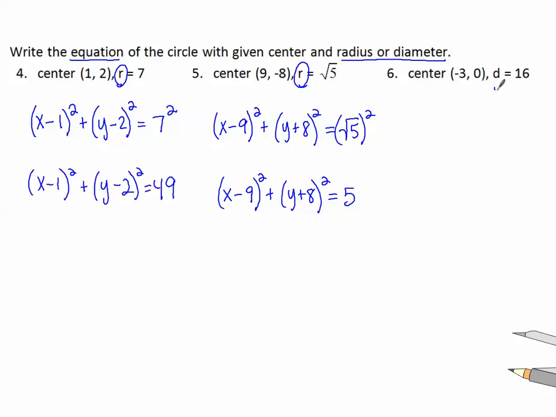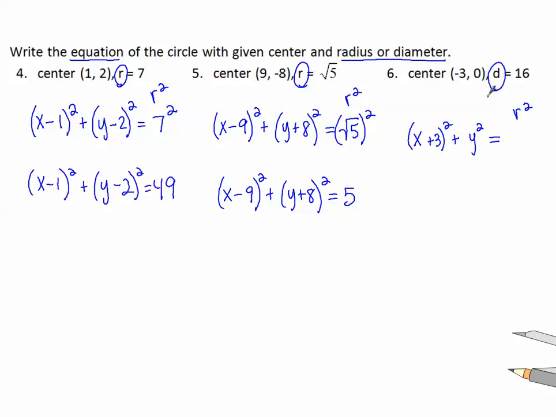Notice the last one, we're given the diameter, but the equation of the circle says radius squared. This is radius squared. This is radius squared. So we want the radius squared. So of course we can plug in the center. That stuff doesn't change. If it's a 0, we put nothing there. 0 means nothing. Equals. Now we want this to be radius squared, but this isn't radius.